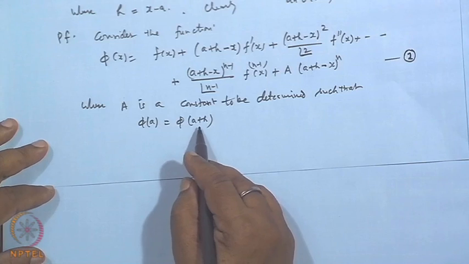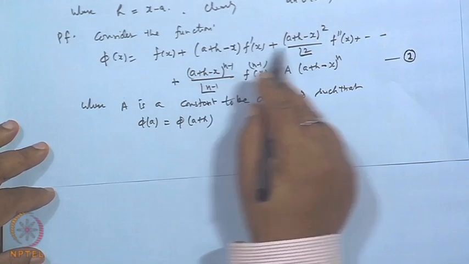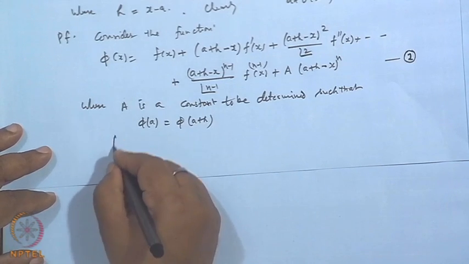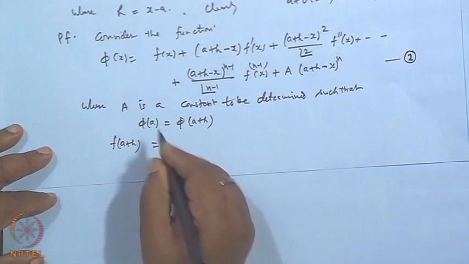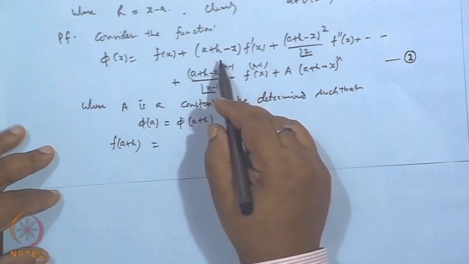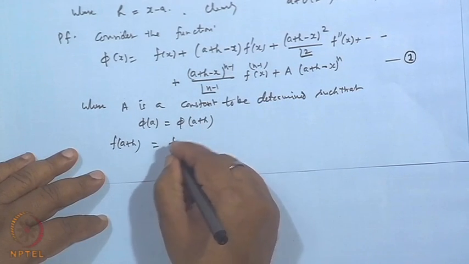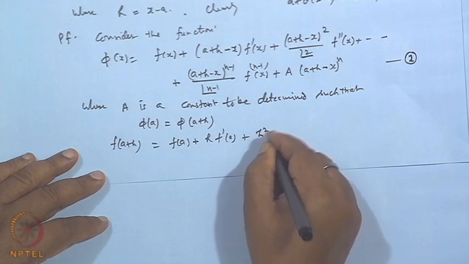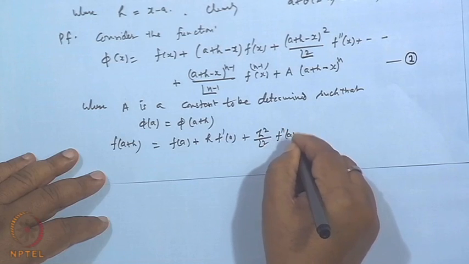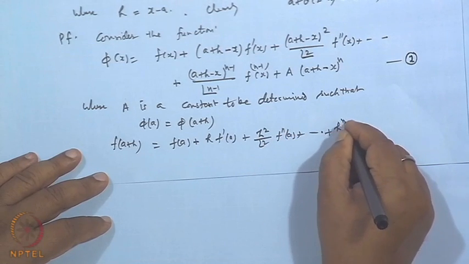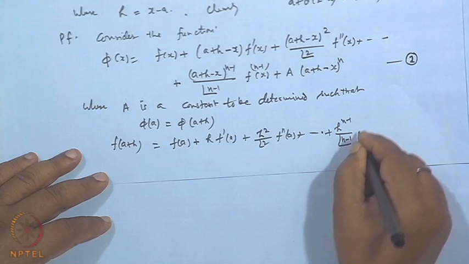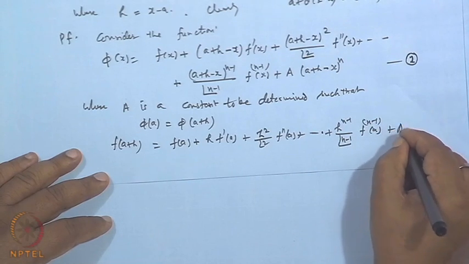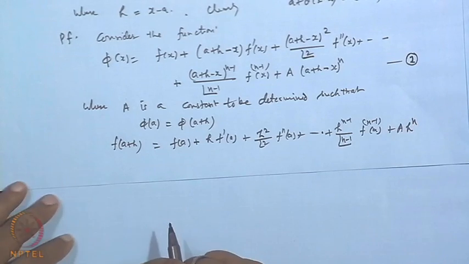As soon as you substitute x equal to a plus h, all the terms get cancelled except f(a plus h). And when you take x equal to a, what you get on the right hand side is f(a) plus h f prime(a) plus h square by factorial 2 f double prime(a) and so on, plus h to the power n minus 1 by factorial n minus 1 f to the n minus 1 (a) plus A into h to the power n.